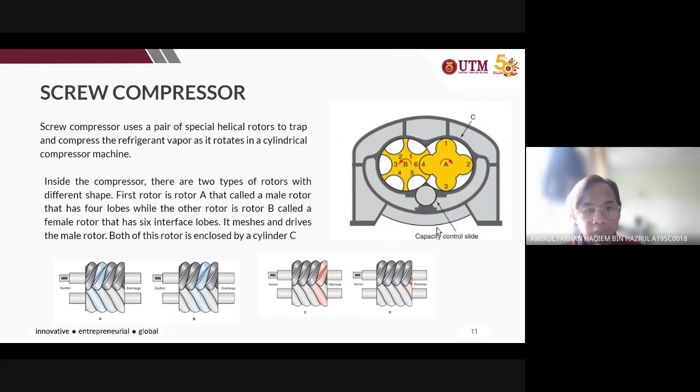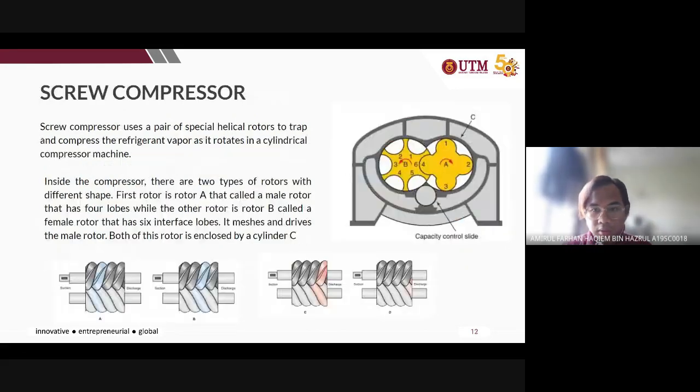The first is rotor A, called the male rotor, which has four lobes, while the other is rotor B, called the female rotor, which has six interface lobes. Both rotors mesh, and rotor B drives the male rotor. Both are enclosed by a cylinder C, which is the compressor casing.